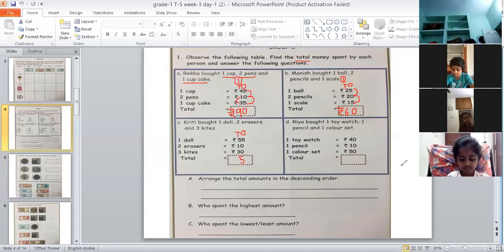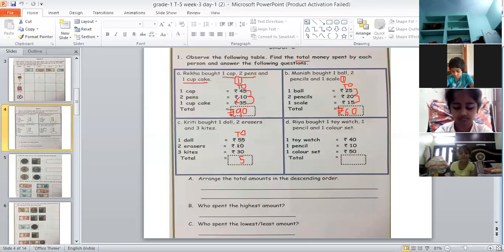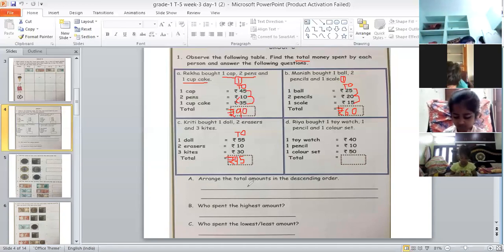Yes. Now tell me Dhruti, 5 plus 1, how much? 6. And now 6 plus 3? 9. So the answer is 95. And don't forget to make the rupee symbol. Answer is 95 rupees.